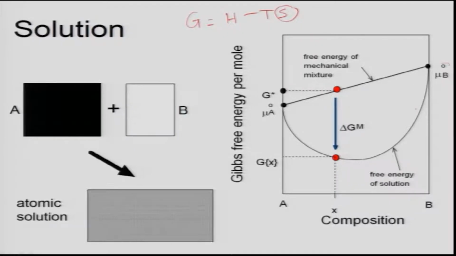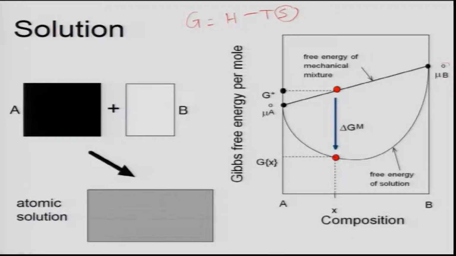Now, the question is this: at a particular composition X, the physical mixture has a free energy equal to G star written here. You see here, I can simply put a dotted line and find it out, but the atomic mixture has a free energy given by G of X. So, there is a huge change of free energy.